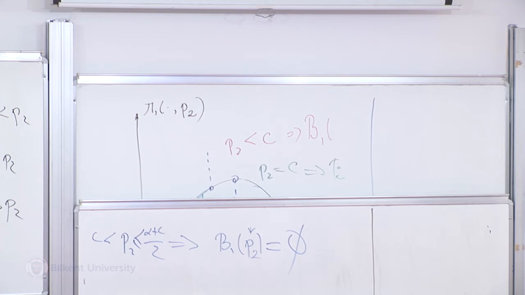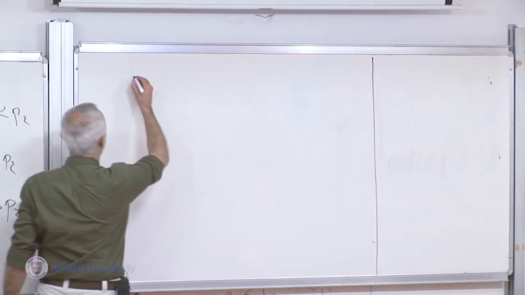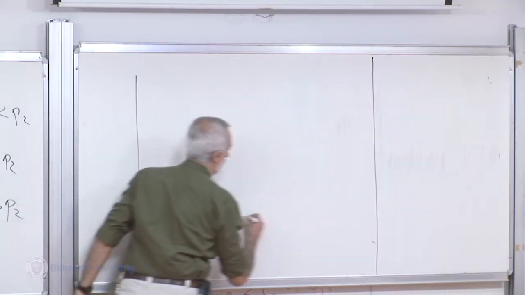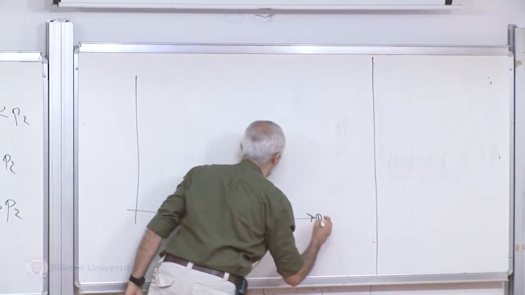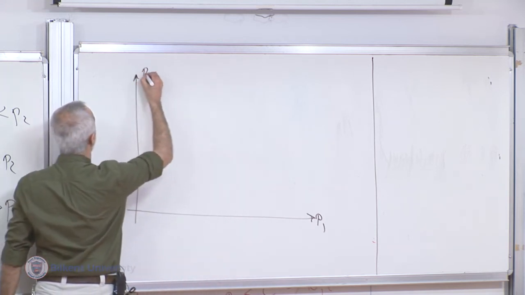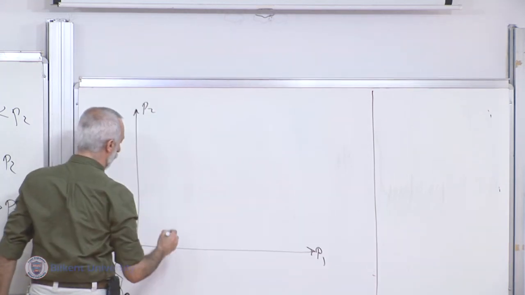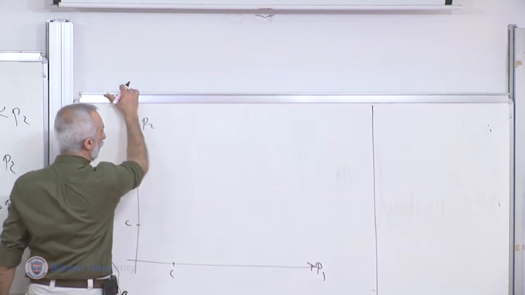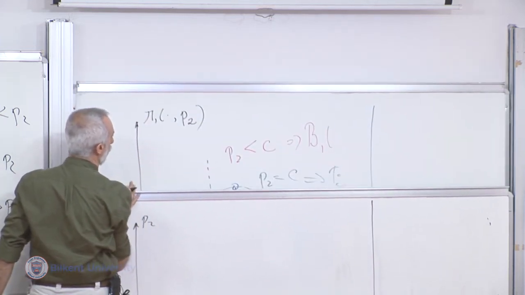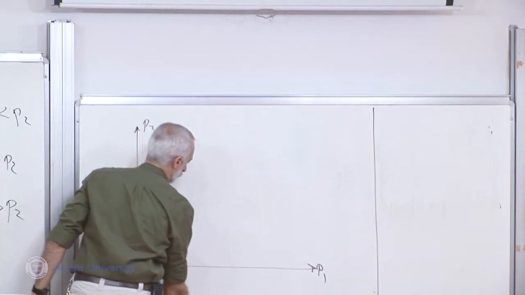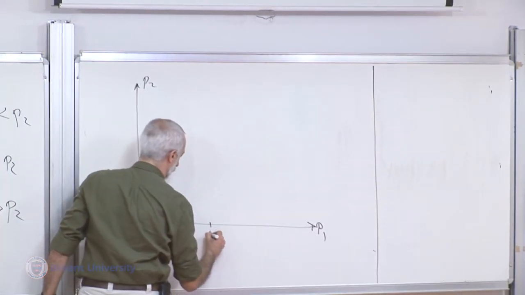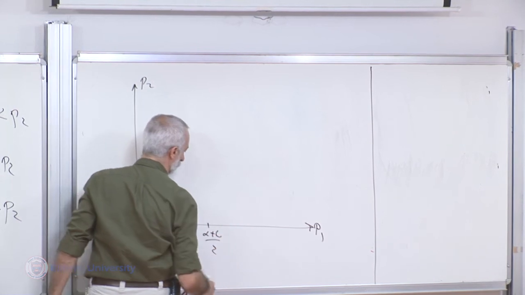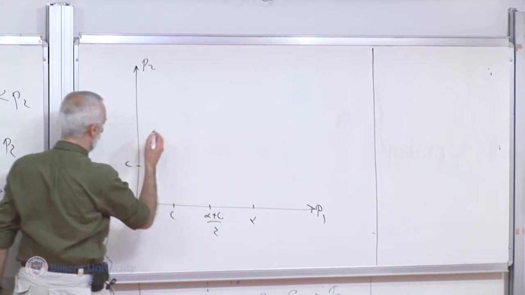Well, draw it and let's see. So what are the important points we have? We have C, right? And then the next important one is alpha plus C over 2. And let me just mark alpha for.